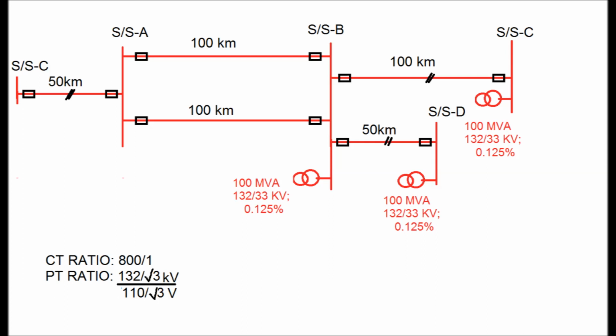The CT ratio at substation A end is 800 by 1, and PT ratio is 132 by root 3 kV, and secondary is 110 by root 3, that is 63.5 volt.